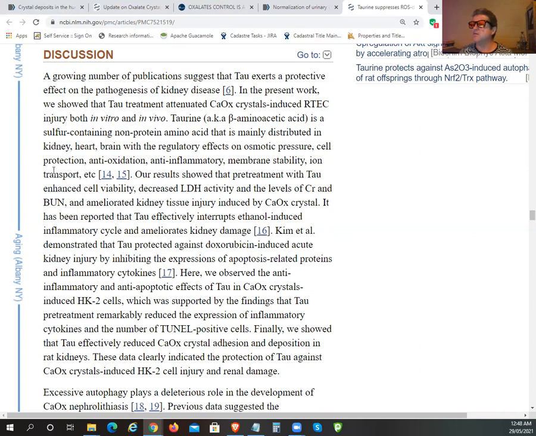And we know that taurine is an important transporter of both ions and amino acids. Our results show the pre-treatment with taurine enhanced cell viability. Yes, we want cell viability in those kidneys, and ameliorated kidney tissue injury. Yes, we definitely want that.